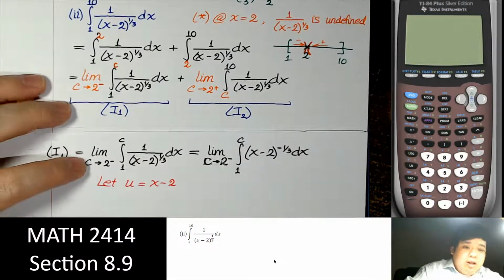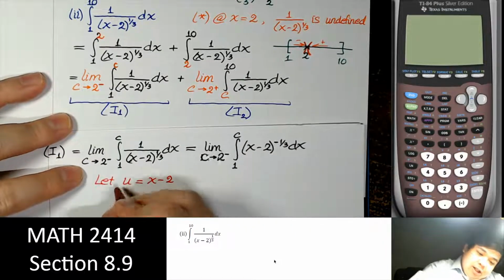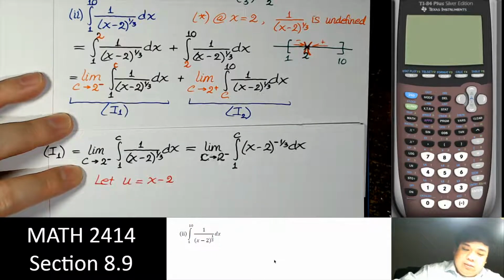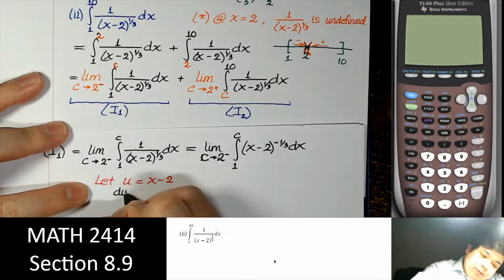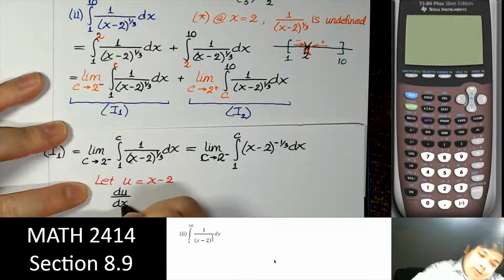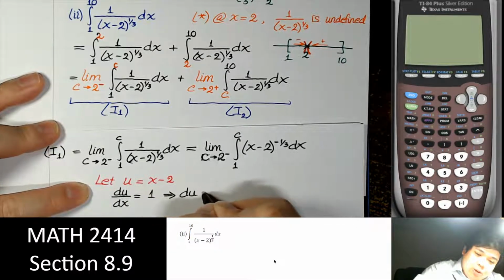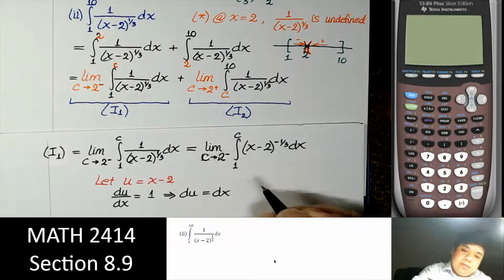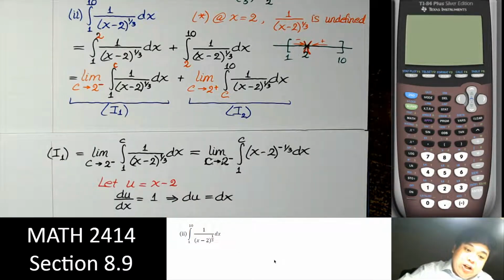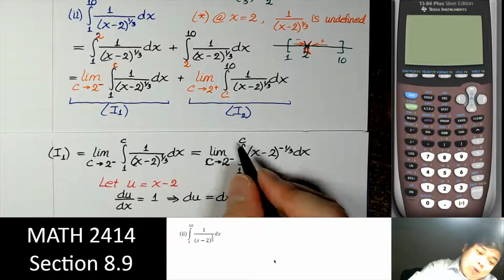The derivative is 1, so du is equal to dx, and then we change the limits from 1 to c.